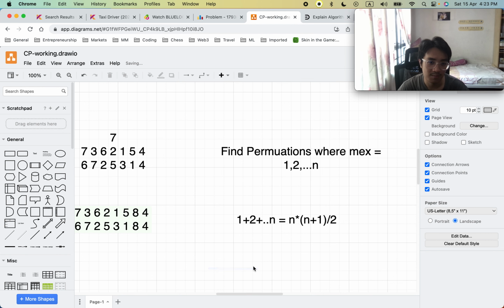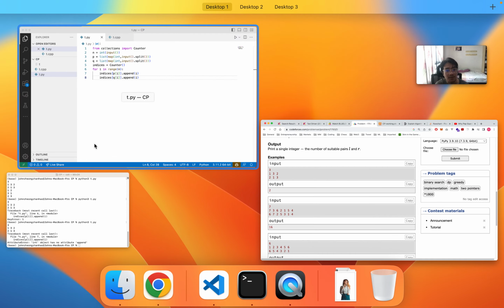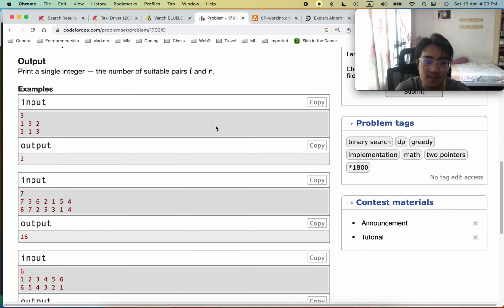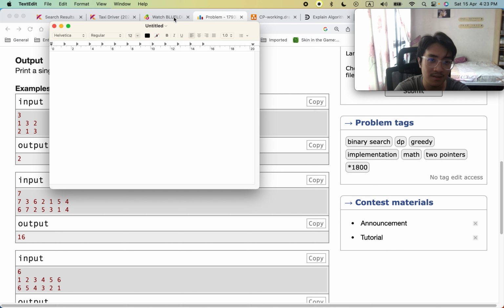So to understand this question, I'm just going to use maybe TextEdit to explain.